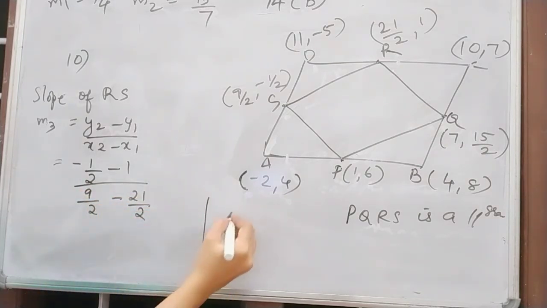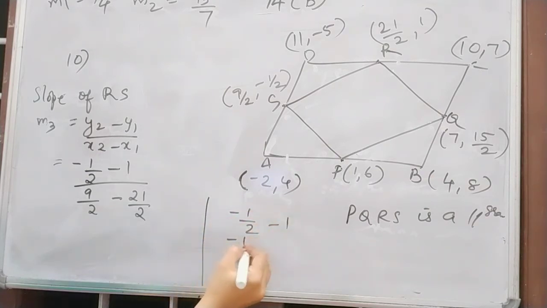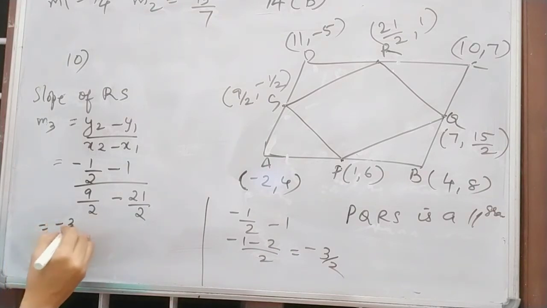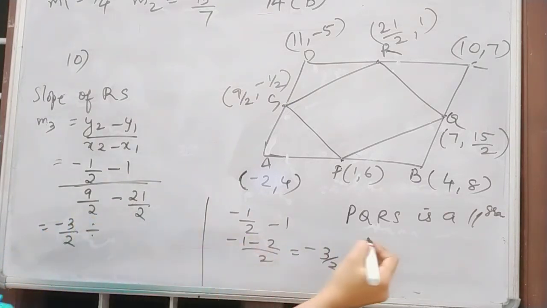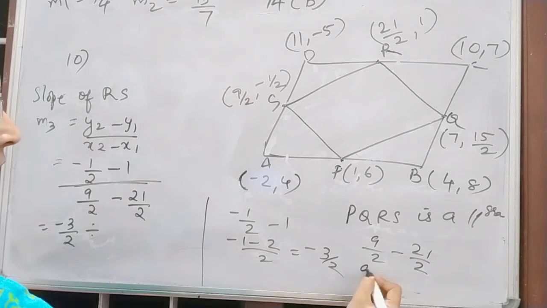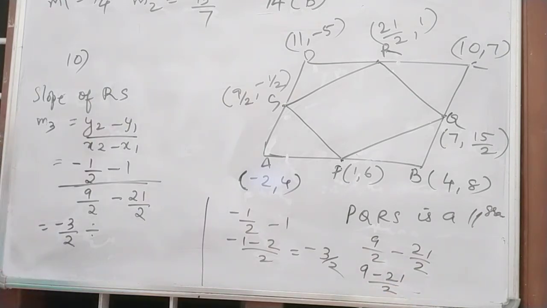In the same way, negative 1 by 2 minus 1, that is negative 1 minus 2 by 2, that is negative 3 by 2. So negative 3 by 2 divided by 9 by 2 minus 21 by 2. Since they are like fractions, we can write 9 minus 21 by 2 itself.